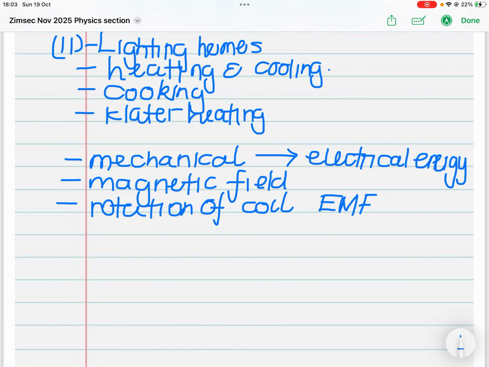The coil of wire is rotated within the magnetic field. As the coil rotates, it cuts through the magnetic field lines, inducing electromotive force in the coil. That electromotive force causes electric current to flow in the coil, which is then collected and sent to an external circuit, right?